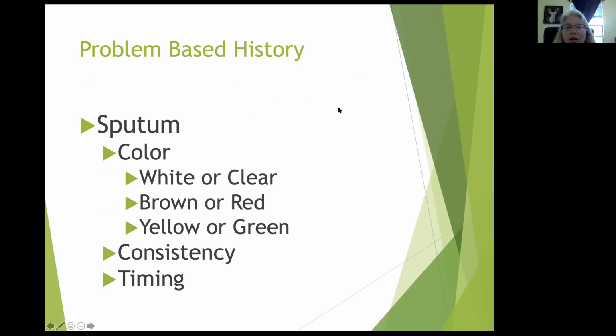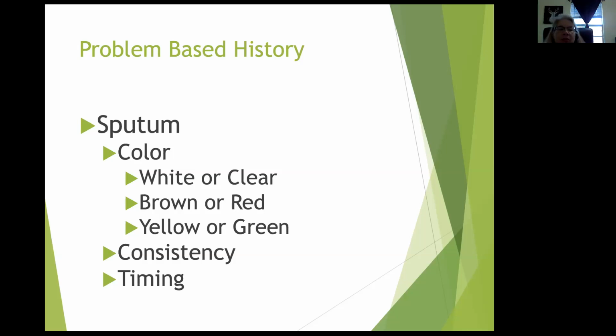If they're coughing something up and you ask what their sputum looks like, and they tell you it looks white or clear, what does that make you think of? Is that something to be really concerned about or not? No, not really. It could just be excess saliva or something like that.